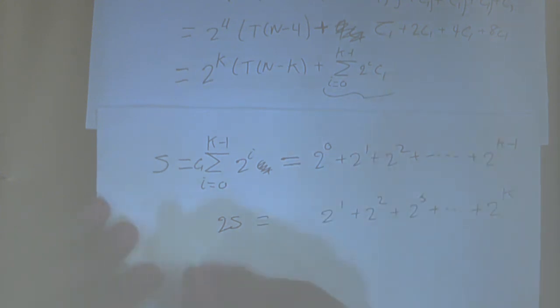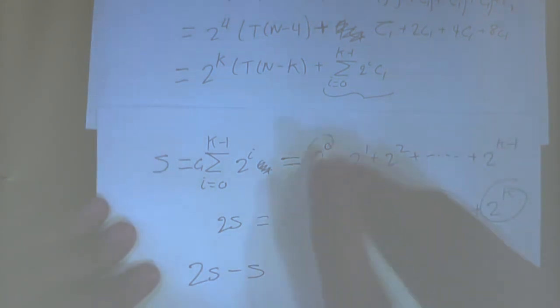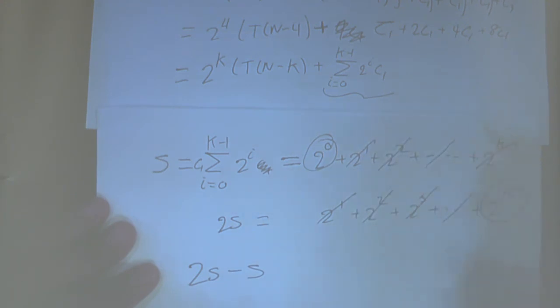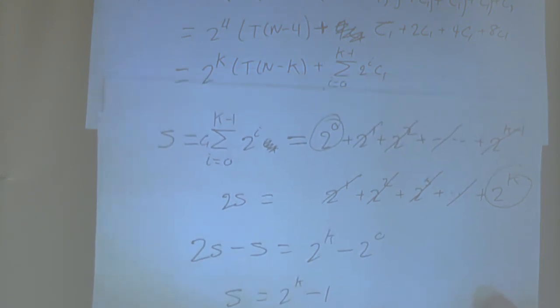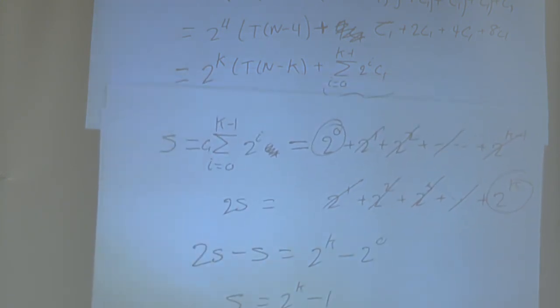If we subtract 2S minus S, most terms cancel and we get 2 to the k minus 2 to the 0, which if we simplify it down, is S equals 2 to the k minus 1. Does that look good?